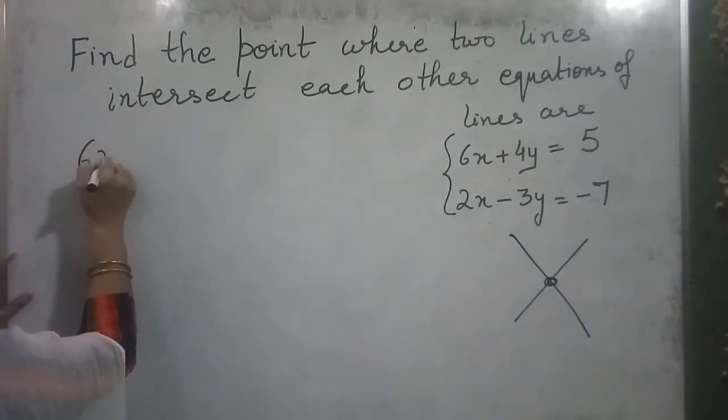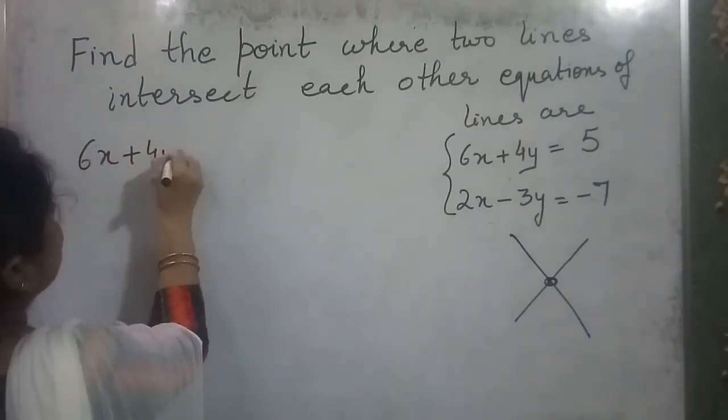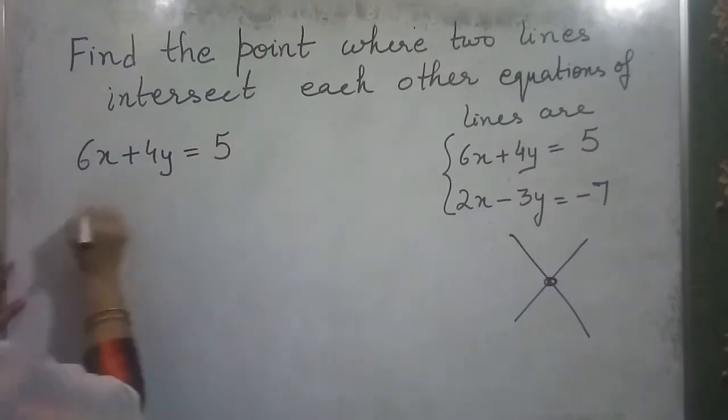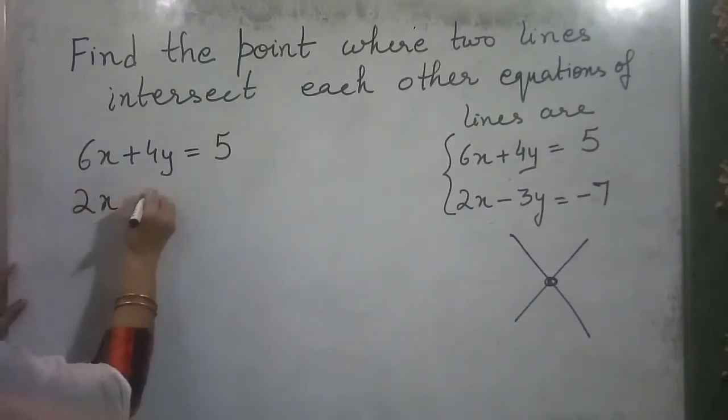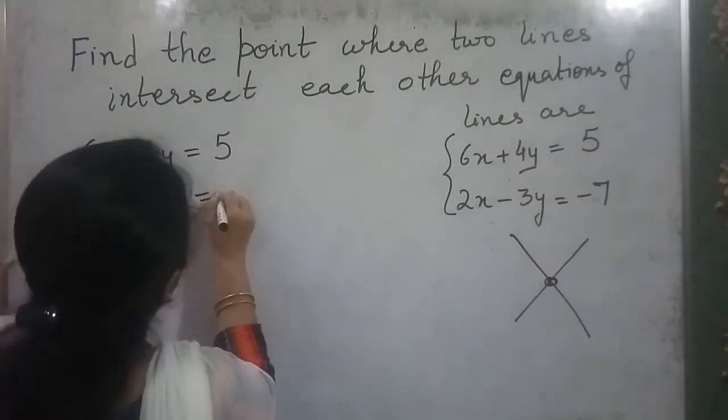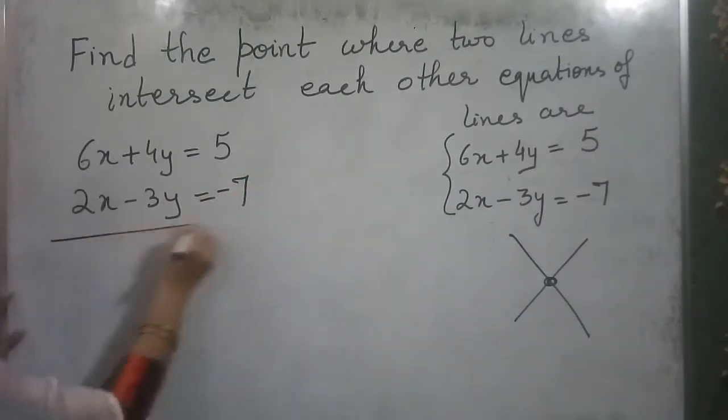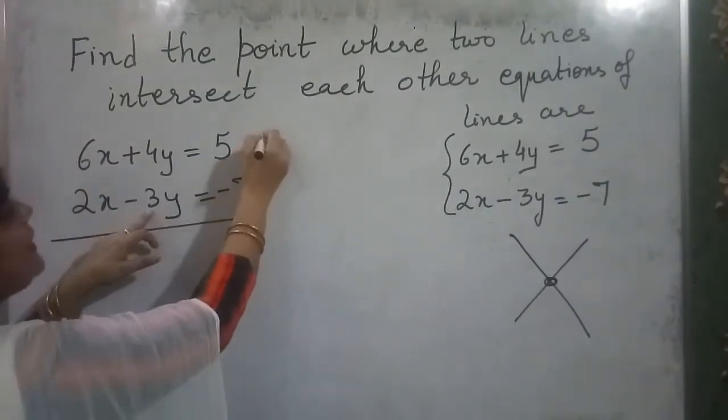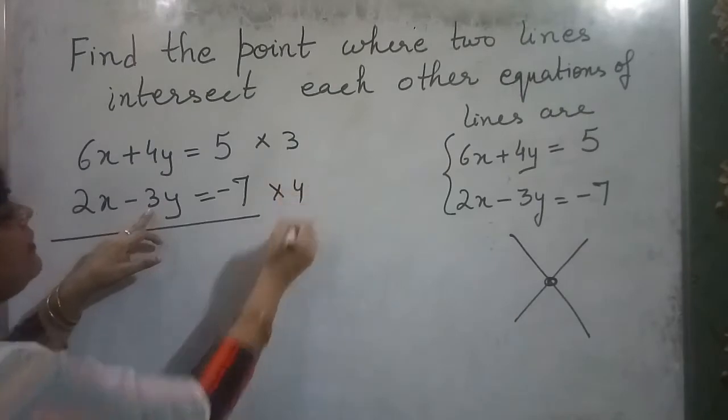So if we have the question 6x plus 4y is equal to 5, you can do it either by Cramer's rule or by the substitution method or by any one. Now I am going to solve this. I will multiply it by 3 and multiply the other by 4.